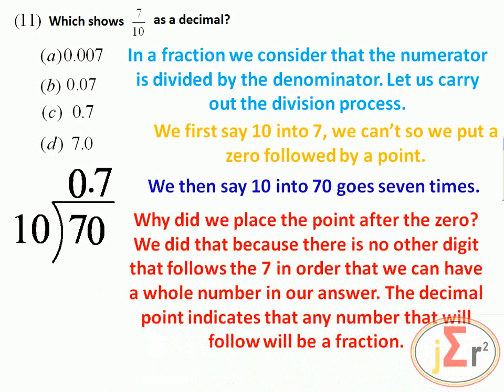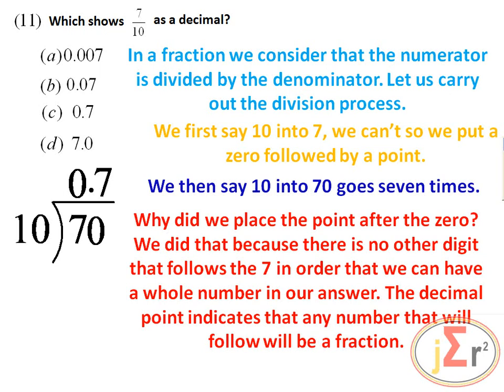Why did we place the point after the 0? That's the question. We did that because there is no other digit that follows the 7 in order that we may have a whole number in our answer. The decimal point indicates that any number that will follow will be a fraction.